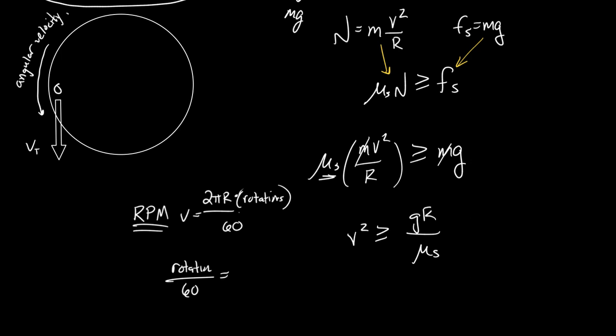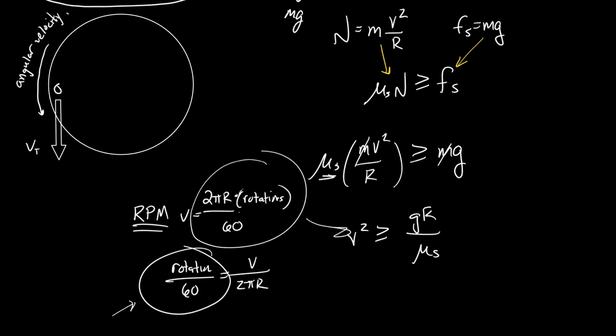Rotations over 60 has to be V divided by 2 pi R. So you want to replace this, or you want to find this. So if you put this in for V and solve for rotations divided by 60, you're solving for RPM. But if you can get to this, that's fine.